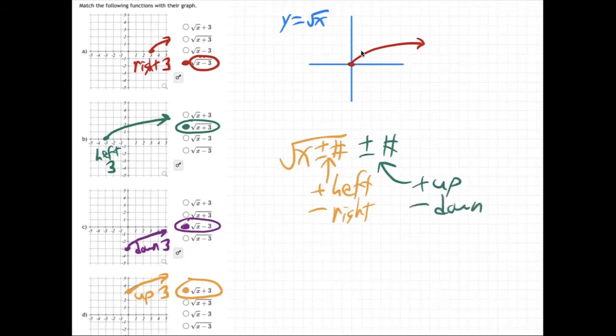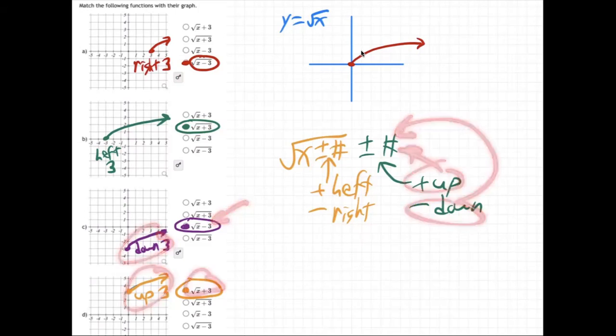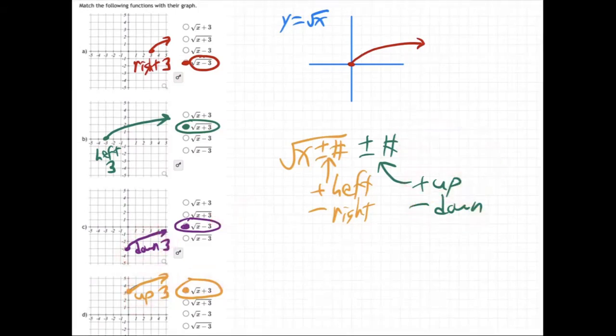It's a nice little way of putting it. Do you see that? So when we go, okay, what's going to go right? Negative inside. Left, positive inside. Down 3, down is negative outside. And up 3 is positive outside. And so there we go.